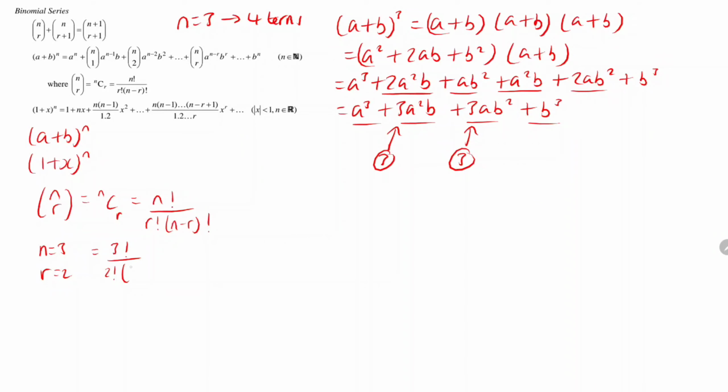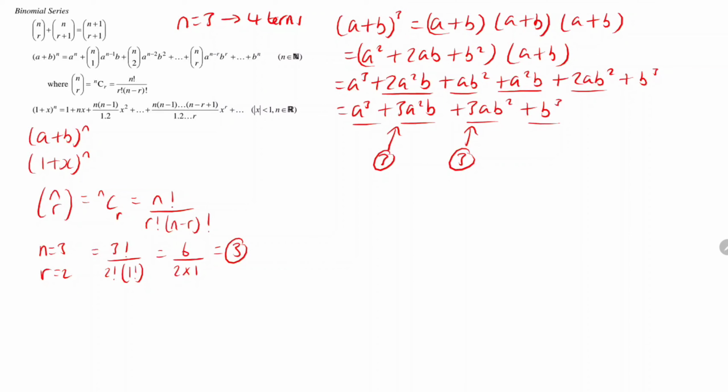Well, 3 minus 2 factorial gives us 1 factorial. So this ends up being 3 times 2 times 1, which is 6, over 2 times 1, which is 2, times 1, which gives us 6 over 2, which gives us 3.